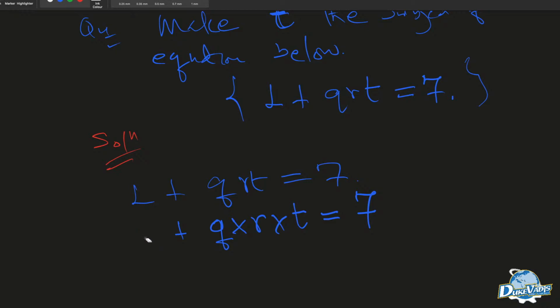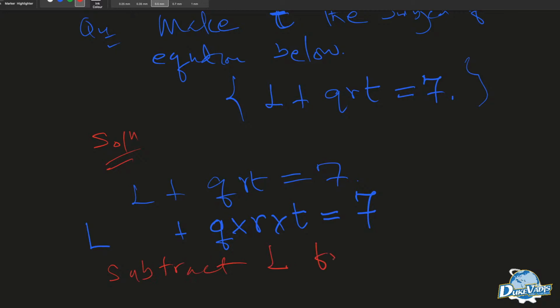So being given L plus QRT is equal to 7, it means that for QRT to stand alone, I have to subtract L from each side of the equation. So I say subtract L. You see we are applying the subtraction again.